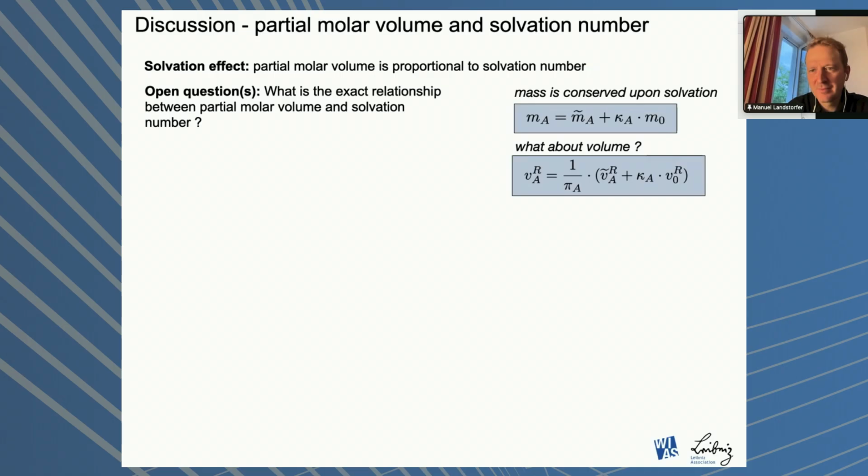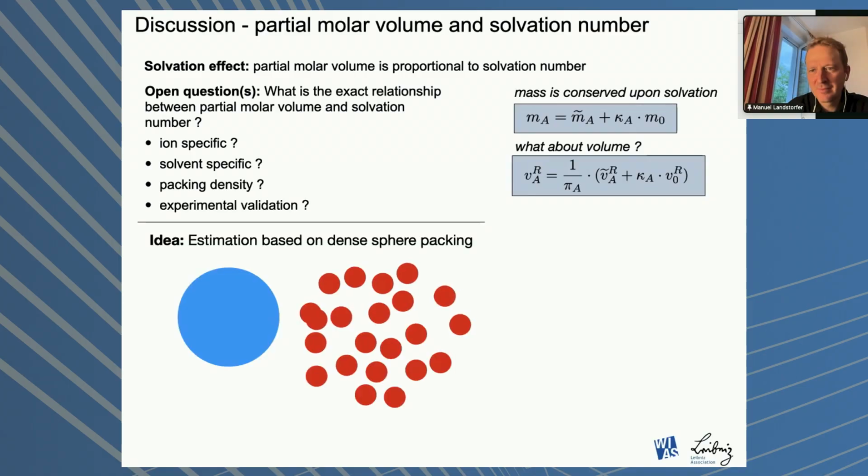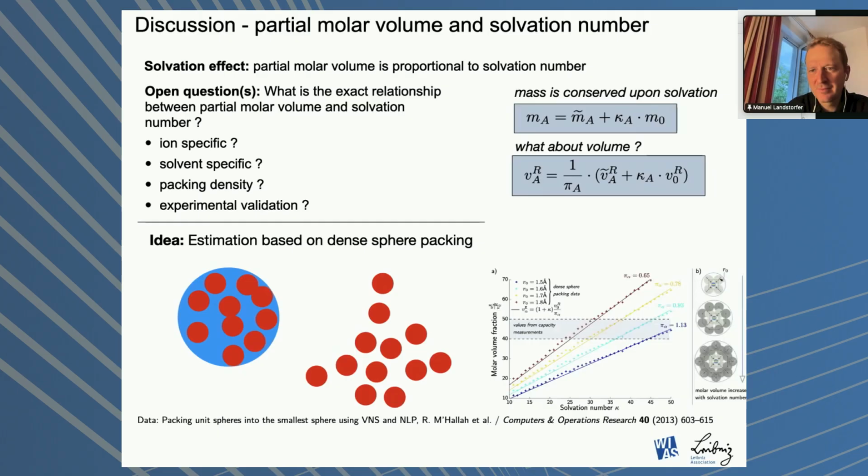So solvated ions can have what I call pi alpha, a packing density. For instance, how does a certain amount of spheres pack into another sphere? This question arises in various ways. So the packing of spheres into another sphere, and you can get packing densities from stochastic algorithms of how you can pack.